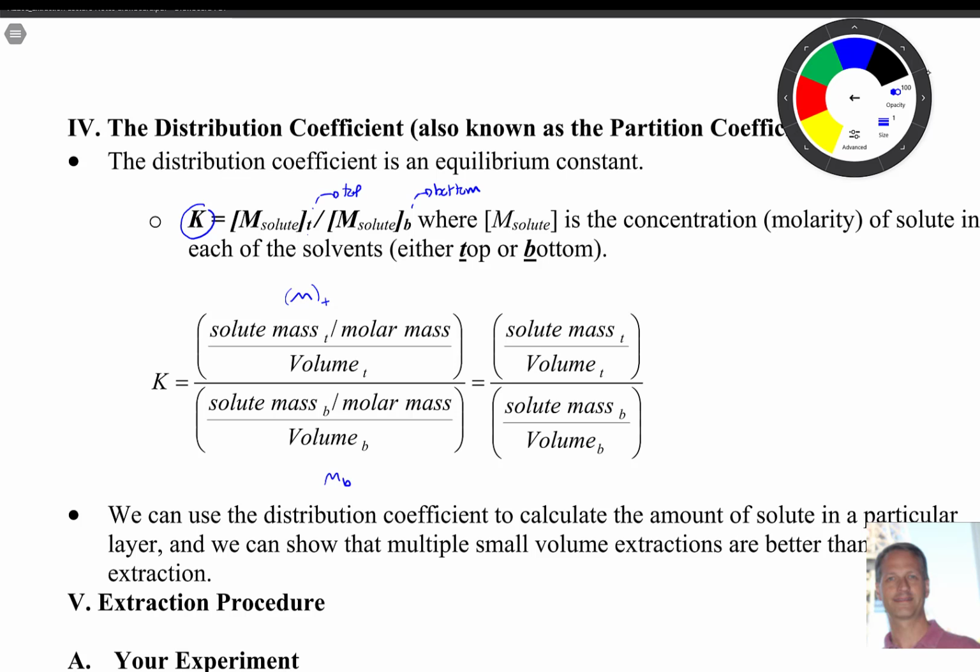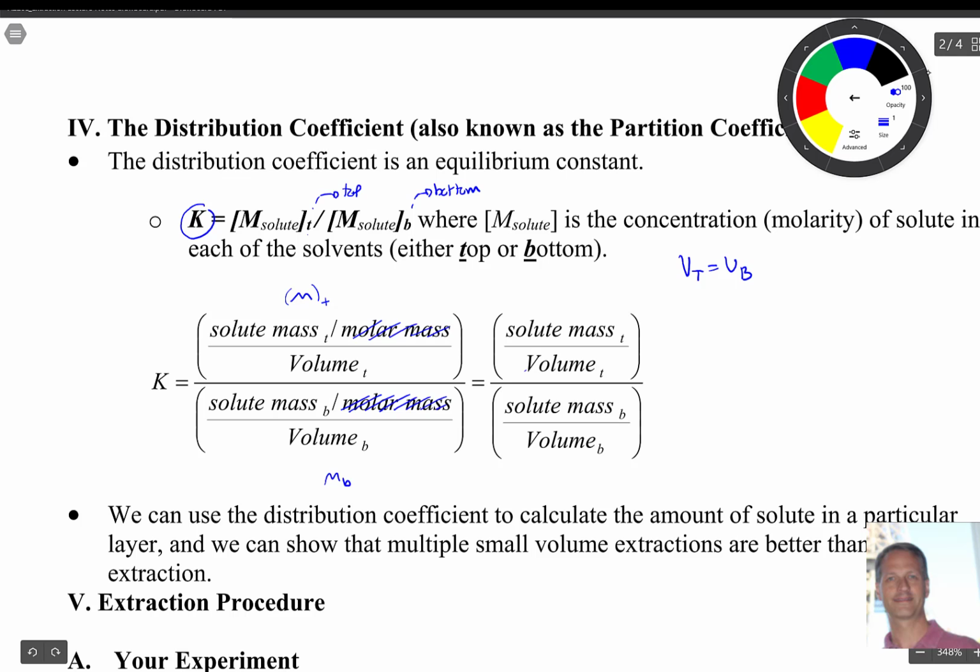Because the compound has the same molar mass, that term can be eliminated. Then the K value is the solute mass in the top layer divided by the solute mass in the bottom layer. And sometimes we try to have the volume of the top equal to the volume of the bottom.